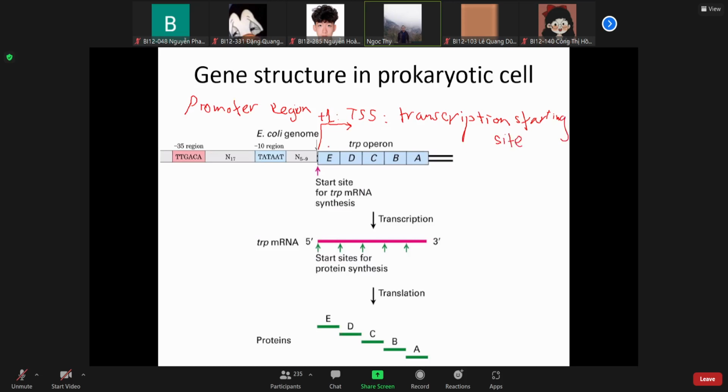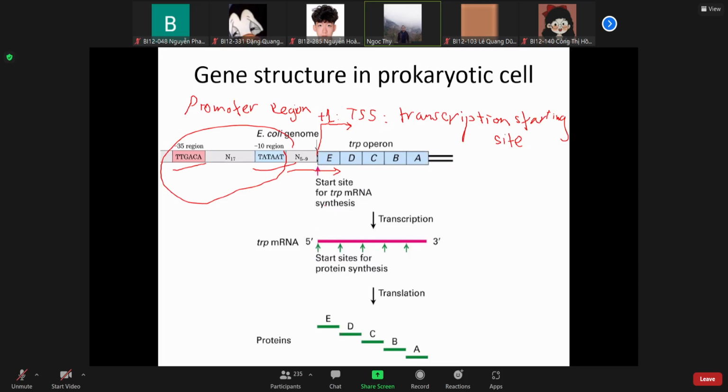The promoter is bound here by recognizing these two regions, and slides until it reaches +1, the TSS, and starts to synthesize the mRNA.